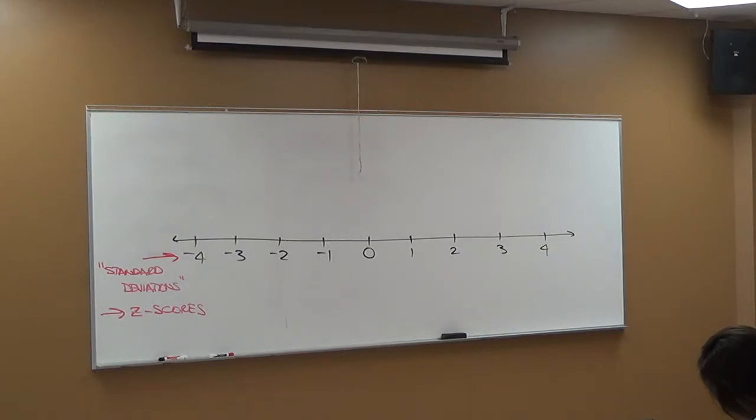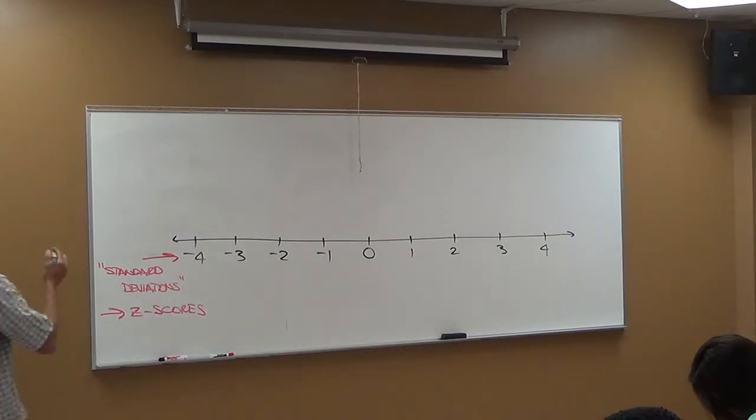So when you see 1, that's 1 standard deviation up from 0. 2 is 2 standard deviations up from 0. 3 is 3 standard deviations up. Negative 4 is 4 standard deviations down. That's what I like about calling them standard deviations is, what does it imply the average is? Average is 0 when you place it like this.